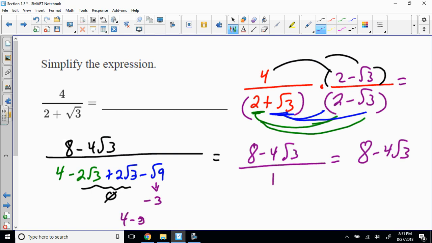Where? Up here. Yeah, it's 4 times 2 and 4 times. So that's an outside, and square root of 3 is an inside. So they just get married. They just come together. It's like 2 and x. They become 2x, right? 4 and square root of 3 just becomes 4 square root of 3. So I can't do anything further than that. That's what we've got.